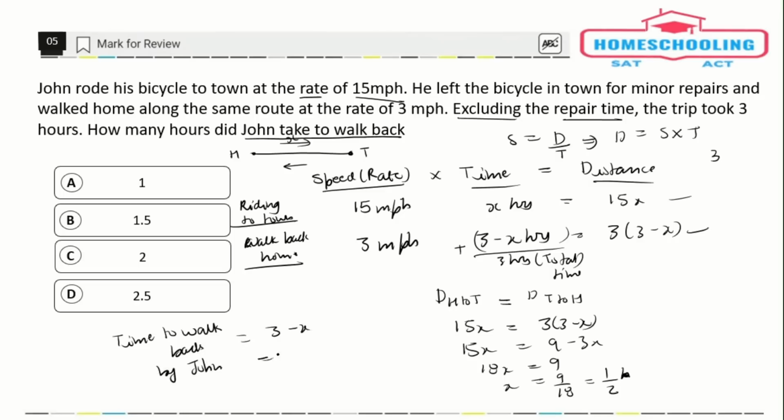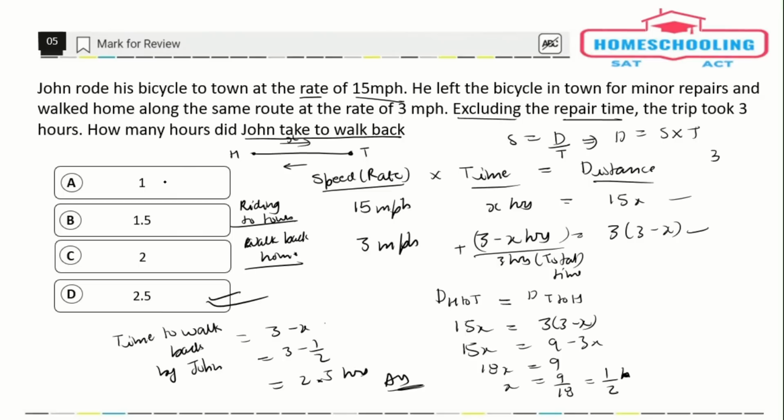So 3 minus half would be 2.5. So 2.5 hours is your answer. So option D is your correct answer.